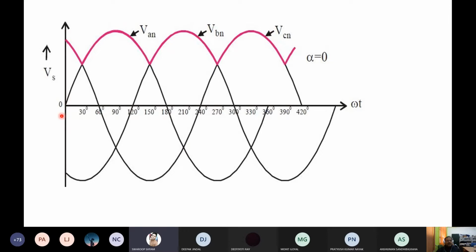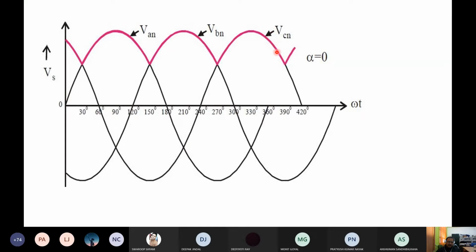Because the minimum firing angle for a thyristor is 30 degree. It cannot be triggered before 30 degree, as SCR1 is reverse biased. Now this is the VAN here, right?